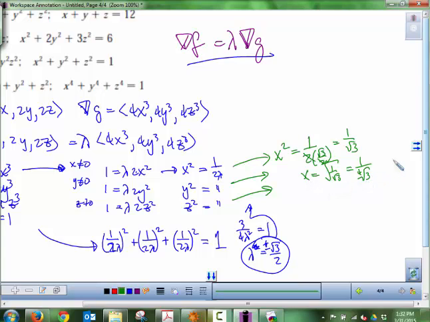So that's your x value. And then similarly for your y and your z values, I think they'll be the same. Or 3 to the negative 1/4.